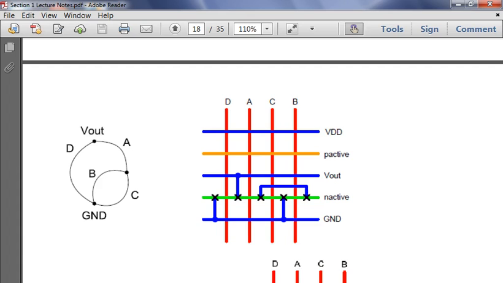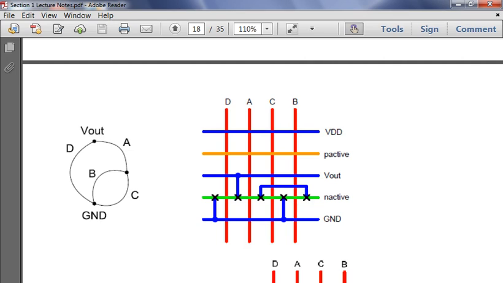Now we actually have this PMOS transistor here, we have a channel. Let's say A is a 1, that means it's closed. We can go through here, that means we have the source and the drain, and then the source and the drain from B, and the source and the drain from C. They're both open, we created those channels, and then it goes to the output through the metal, through the contact.